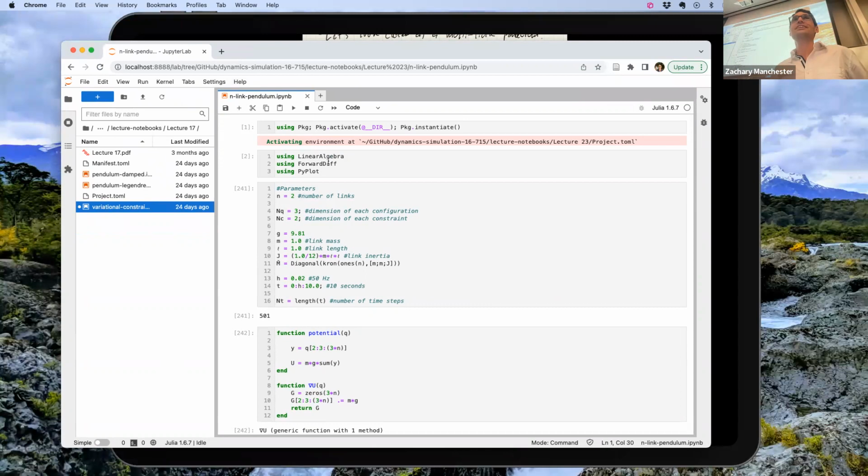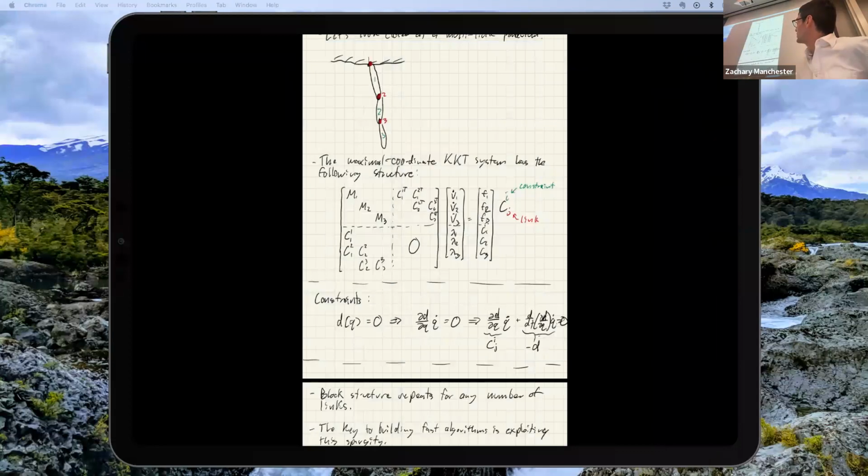Just curious, for the cases of closed loops, what do you do? So it depends. Let me throw this back up here. What you actually do in practice, you still be kind of smart.